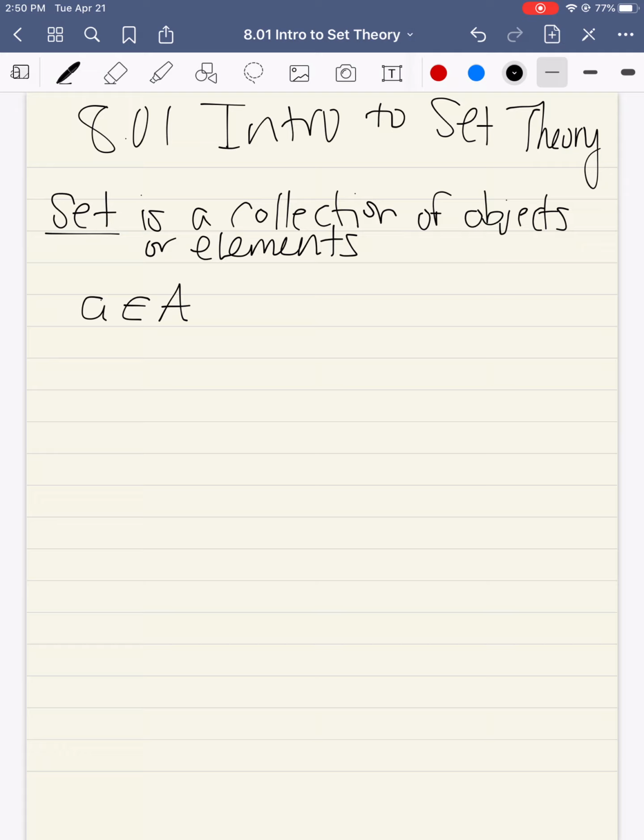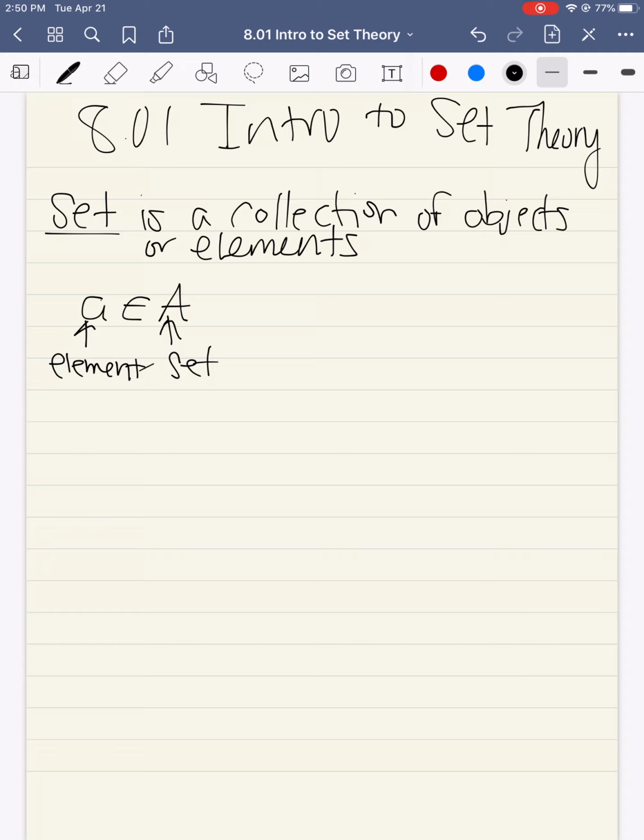It is important to note in this notation that elements are written in lowercase and sets are written in uppercase. If I'm referring to an element or object from a set, I'll give it a lowercase letter. If I'm referring to the whole set, I'll give it an uppercase letter.